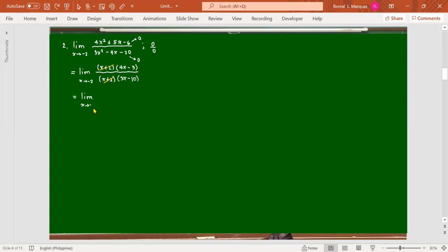Okay. So this limit has an obvious limit this time compared with the original one. So we can apply direct substitution. 4 times -2 minus 3 all over 3 times -2 minus 10.